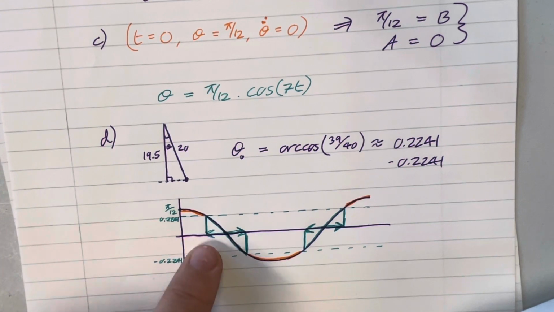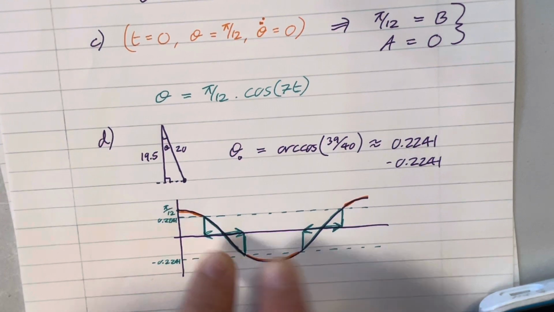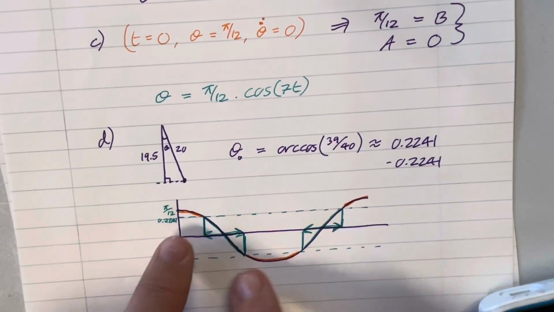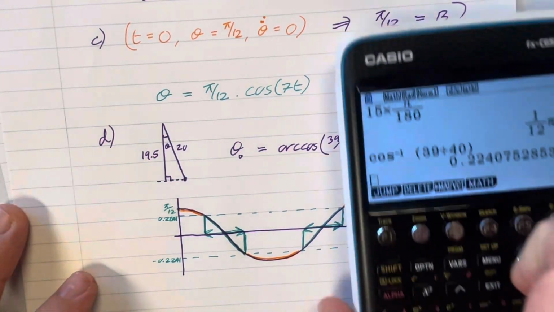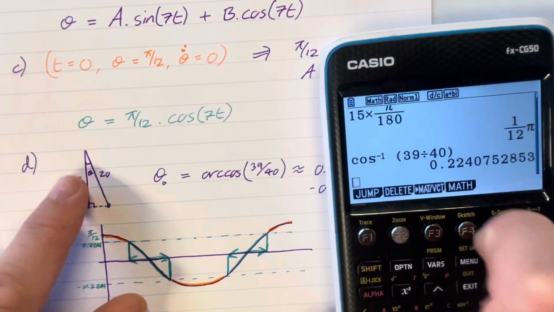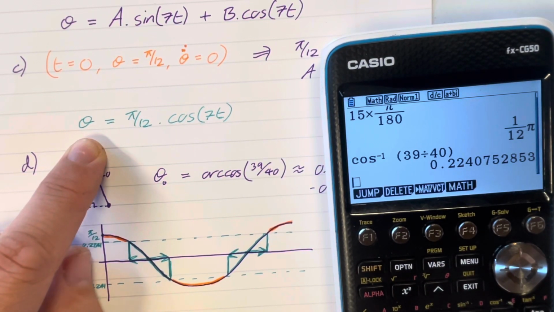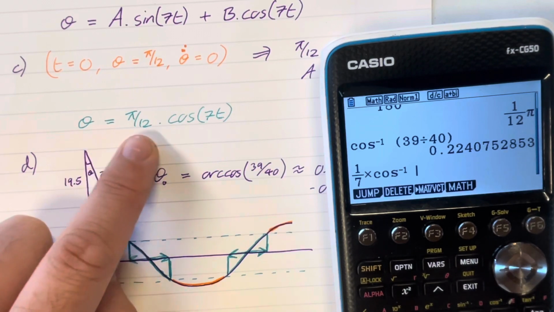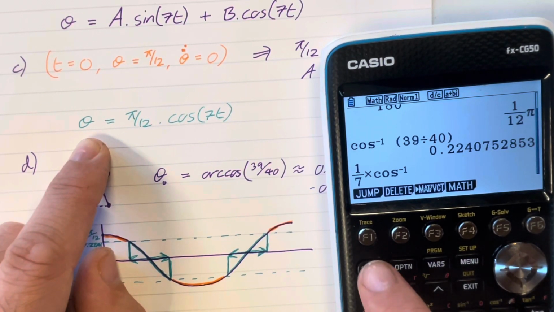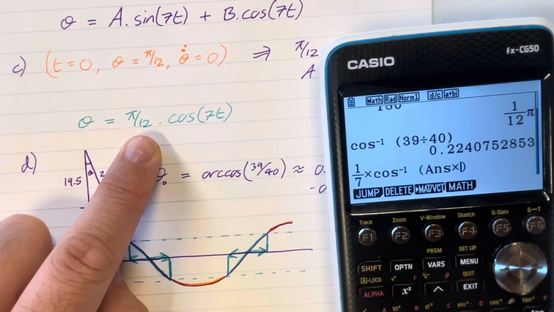So I need to find this t-value here, this t-value here. By symmetry, I can then just take that distance and double it, because that's going to be the same time difference between those 2 points. So I don't have to find all 4 values. So if I plug in theta is this value here into the calculator, then I can do 1/7 times the inverse cosine of that number times 12 on pi.